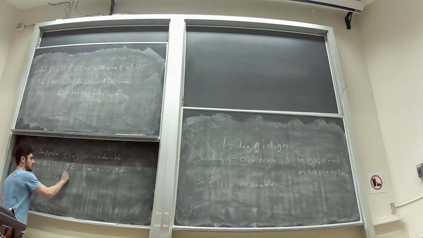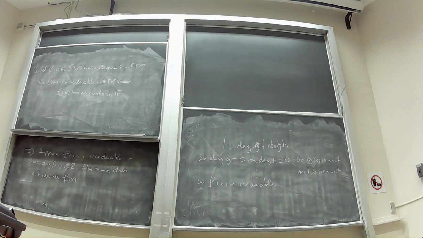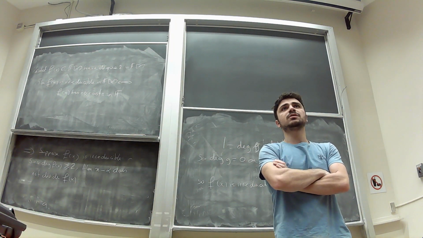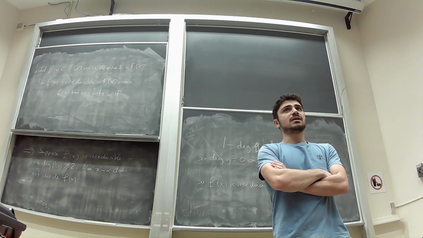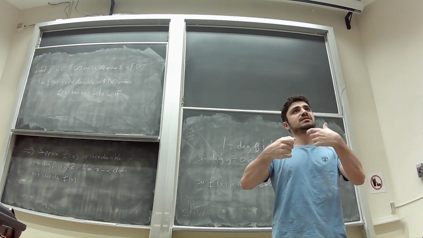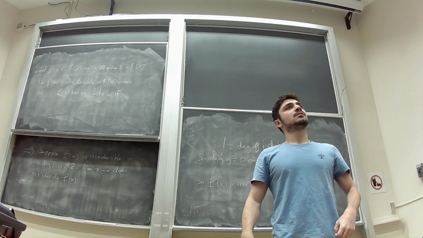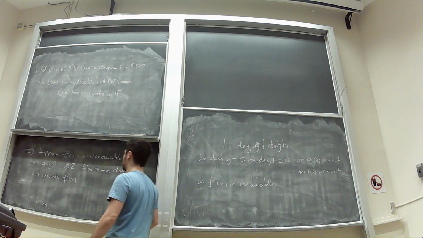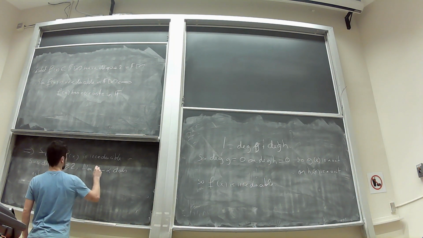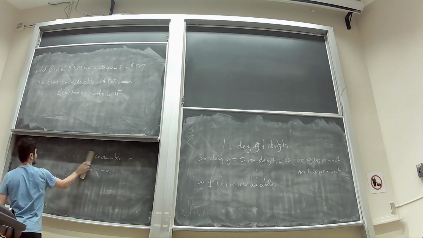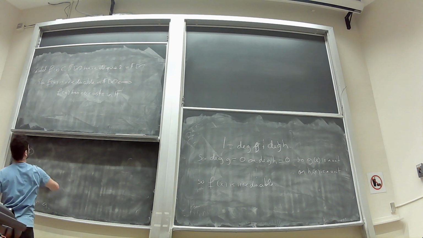If f of x is irreducible, then you cannot write it as a product of two polynomials of smaller degree. If x minus alpha divided it, you would be able to write it as x minus alpha times something else, and this contradicts the irreducibility. Actually, let's do it the other way; it's better the other way.